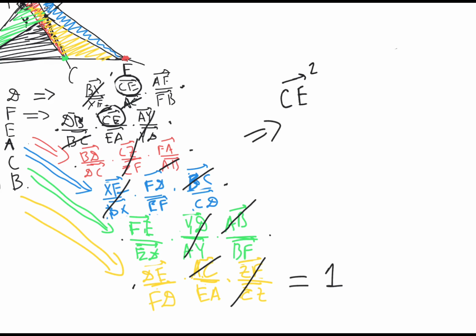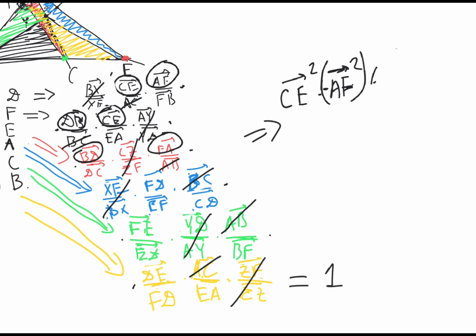Yes, so then we have AF and FA. So this would be the same as if we write squared and we put one minus. When we invert one vector, we can put minus to it. So then we have GB, okay, GB and BG.